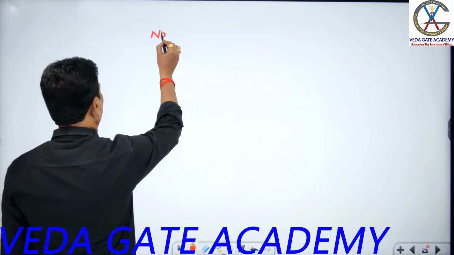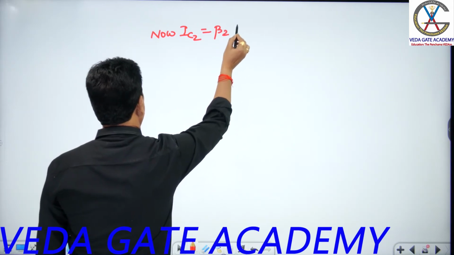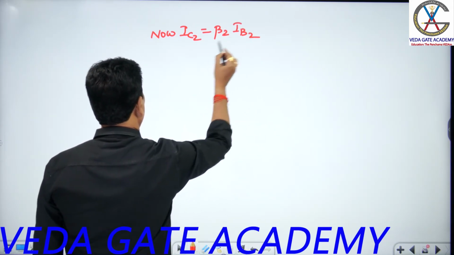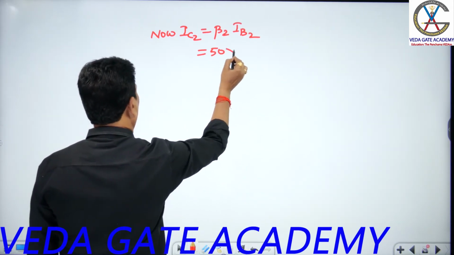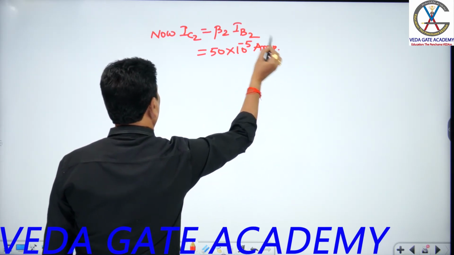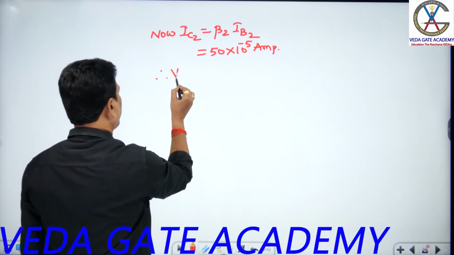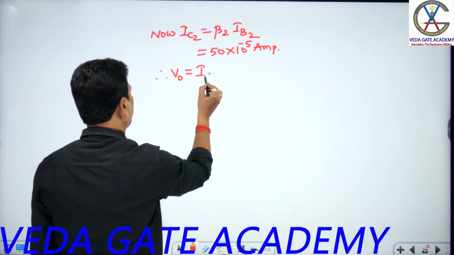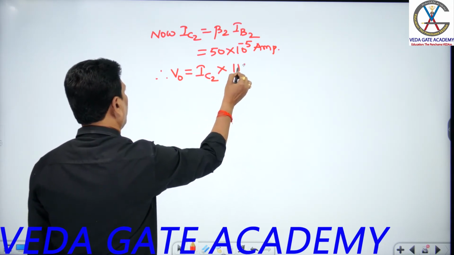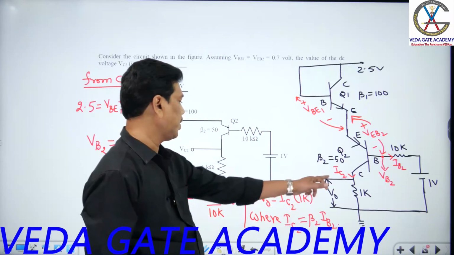Now, IC2 equals beta 2 IB2. Beta 2 is 50. IB2 you calculated as 10 power minus 5 ampere. Therefore V naught equals IC2 into 1K.